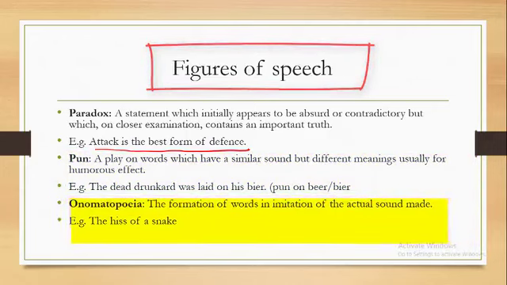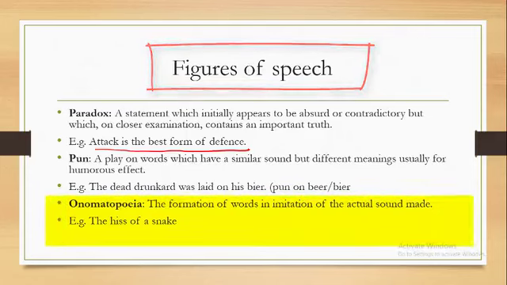Onomatopoeia has to do with the formation of words imitating an actual sound. I'll give you an example. The hiss of a snake. When the snake moves, you hear something like hissing.